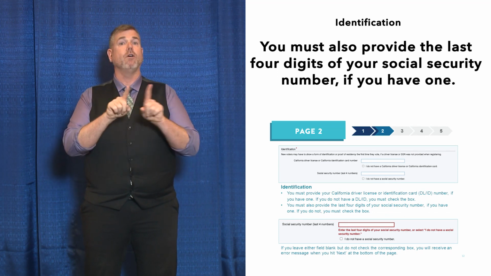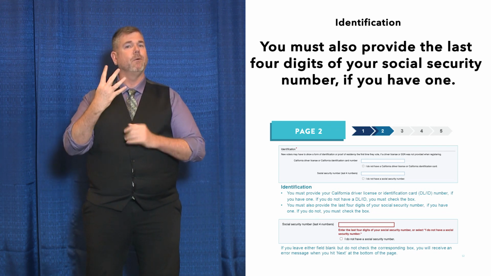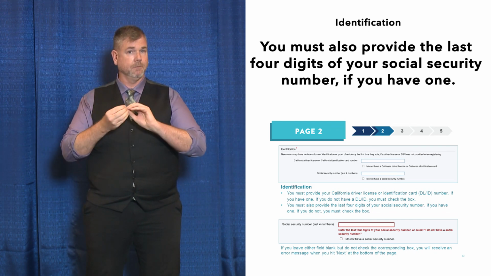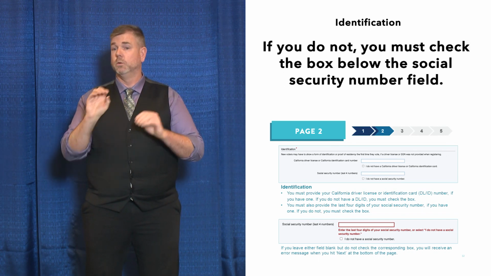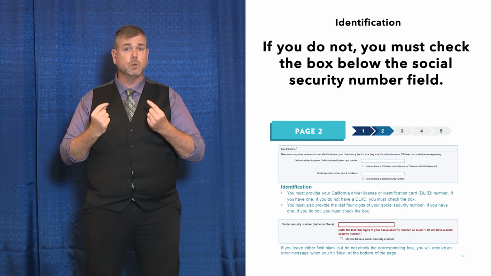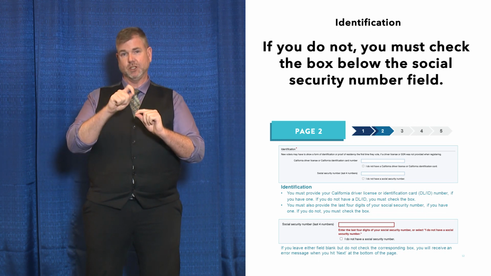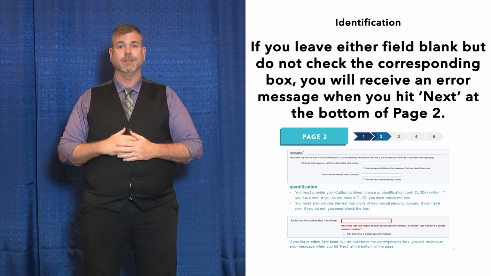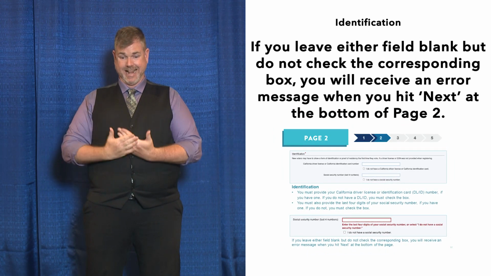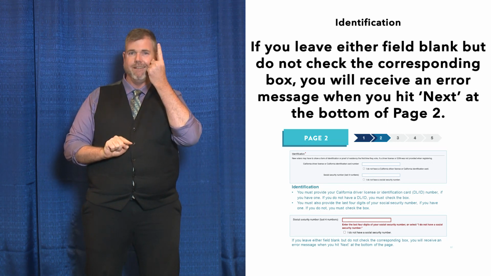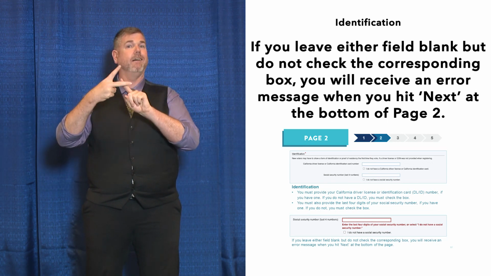You must also provide the last 4 digits of your Social Security number, if you have one. If you do not, you must check the box below the Social Security number field. If you leave either field blank but do not check the corresponding box, you will receive an error message when you hit Next at the bottom of page 2.